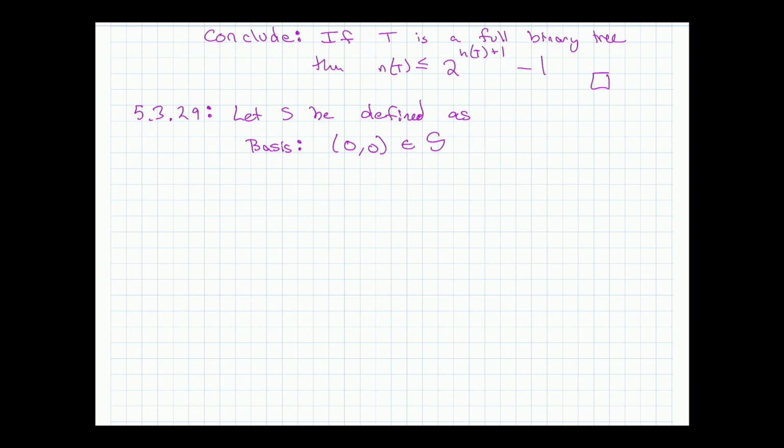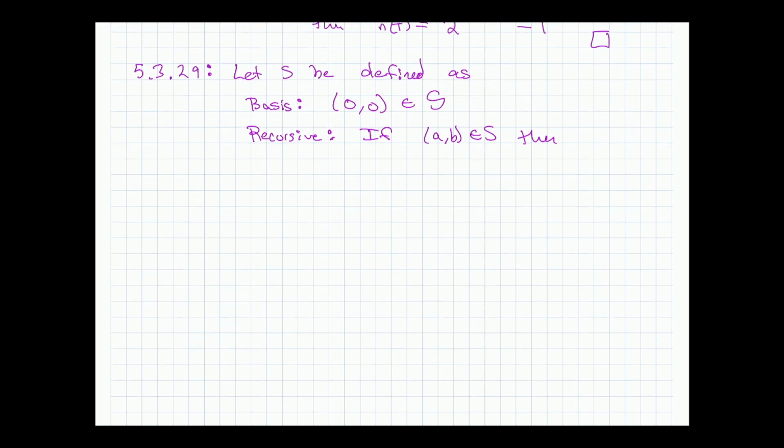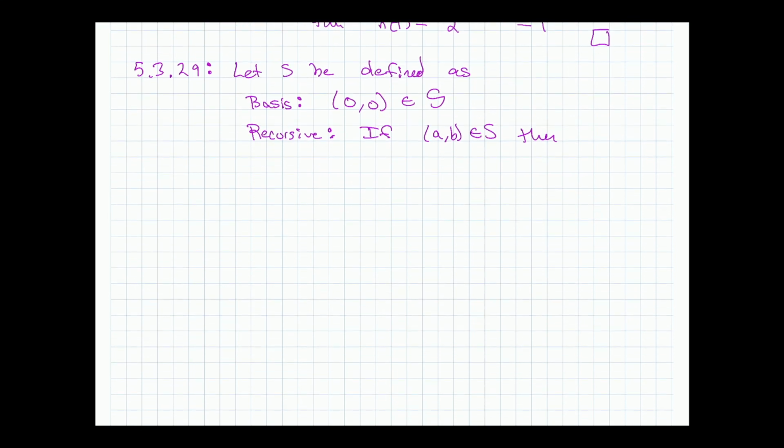And then the recursive part of the definition is going to say if A, B is in S, then there must be some other stuff in S. What are they going to be? A, B plus 1 is in S. What else?